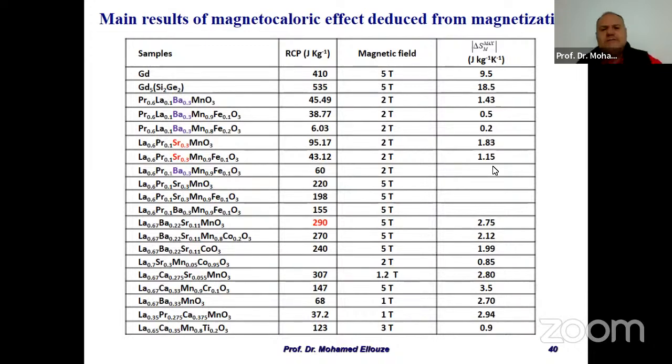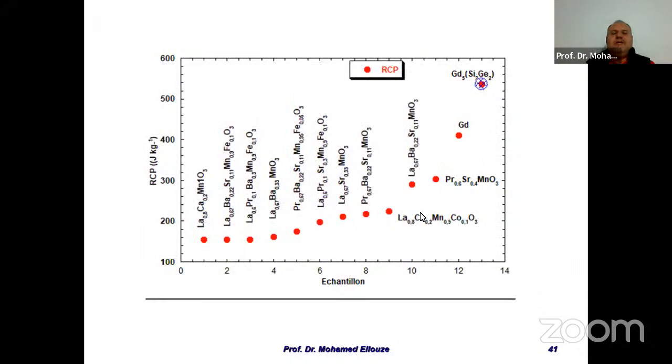We can see that we sometimes have an RCP very close to the Curie temperature, and so it's different from gadolinium, lower, so we can improve this RCP using another method. Here is an example of the RCP of other samples, deduced from our work.